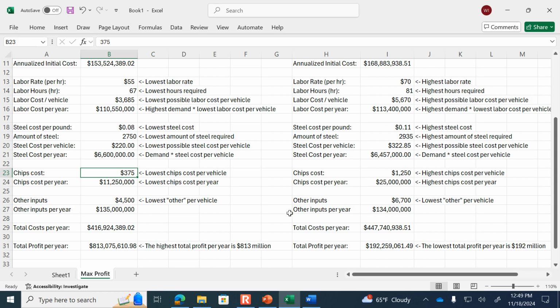But most of the probability exists in some middle range. So if you want to know more than just what's possible, but what's likely, you can take each one of these variables and define a probability distribution and then have it do multiple simulations where it's considering a variety of combinations of each.